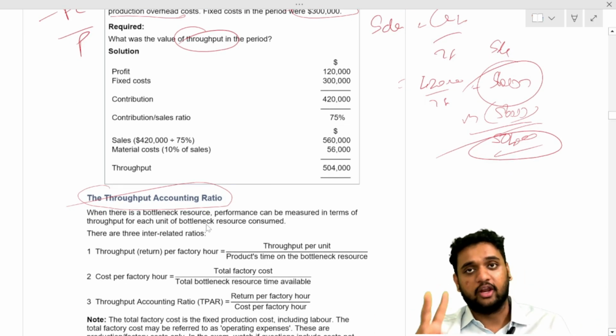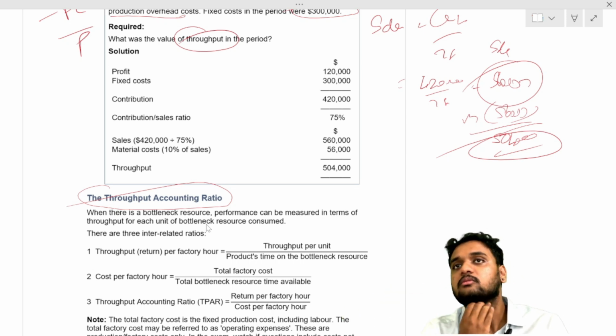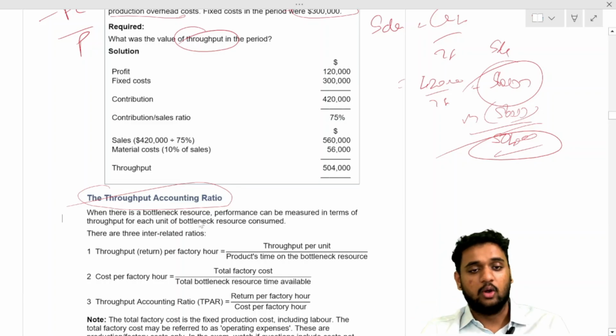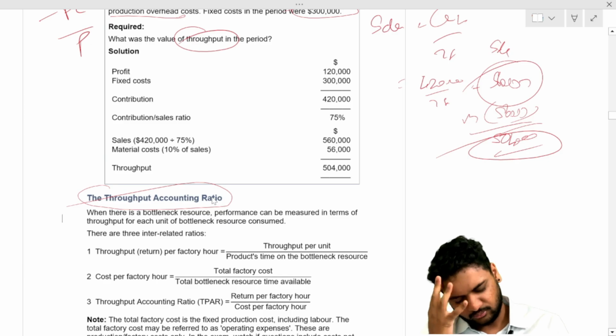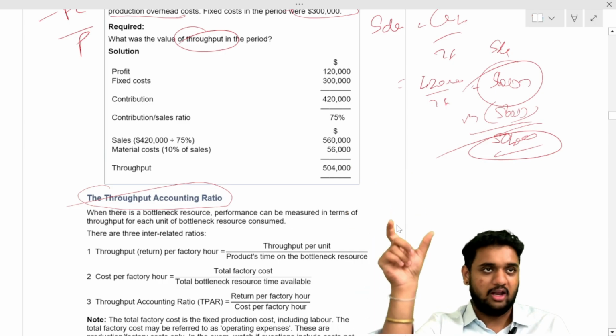To find throughput accounting ratio, what are the two things you have to find out? Per bottleneck. What is the throughput per bottleneck formula? Throughput per unit divided by bottleneck resource.